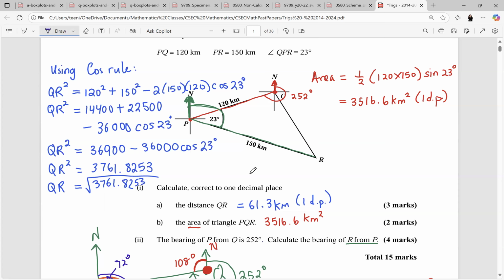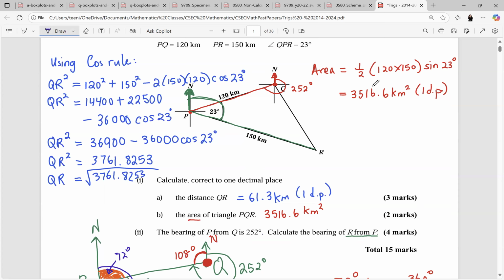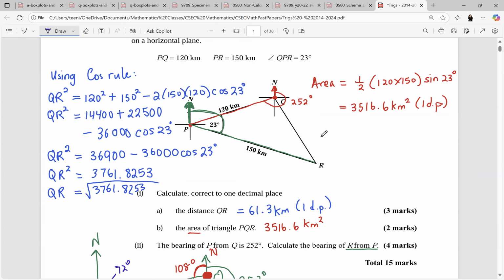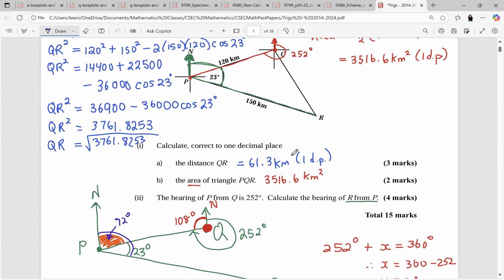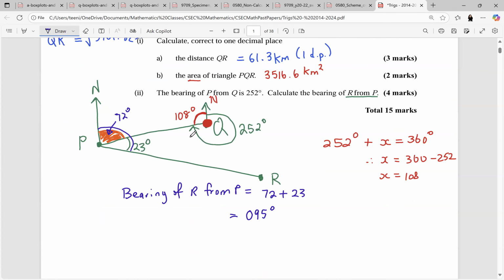Then we use the formula, a half times the product of the given sides by the sine of the included angle, to find the area. And then finally, we use what we know about bearings to figure out the bearing of R from P.